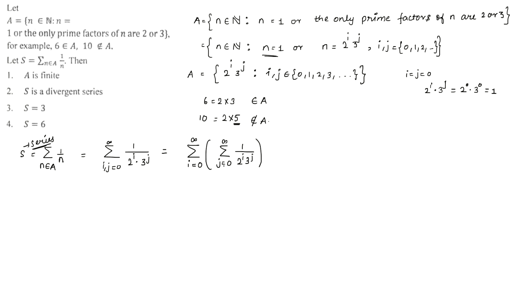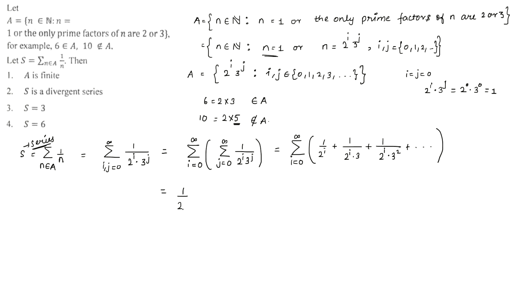So we are doing summation first over j and then over i. Now this is equal to the sum over i from 0 to infinity of 1 by 2 raised to i, plus 1 by 2 raised to i into 3, plus 1 by 2 raised to i into 3 square, plus so on till infinity. As 1 by 2 raised to i is common in all of them, we can take it out.